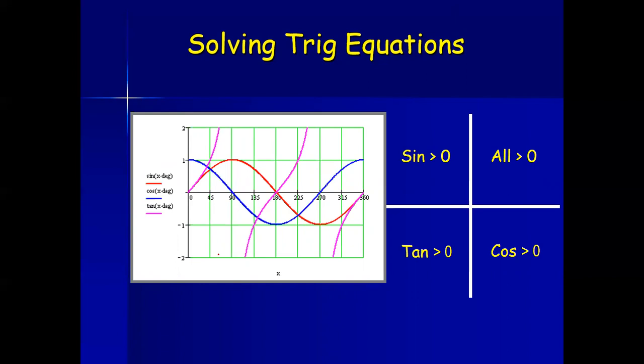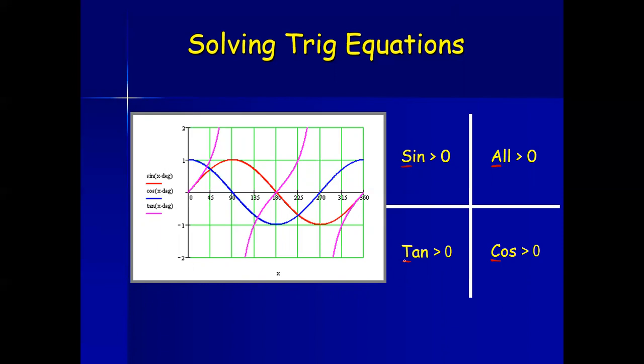Remember they used that diagram, CAST? Does that ring a bell? The CAST diagram, so you probably called that quite a lot. Basically the CAST diagram will help us to get all the solutions that we need. So what you look at here is, how many quadrants have I got here?